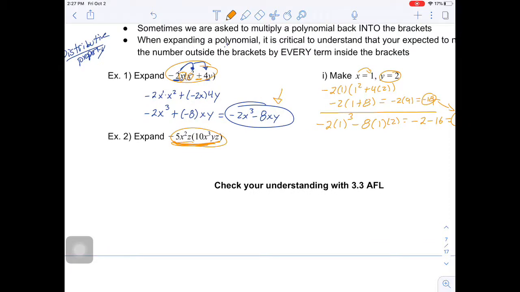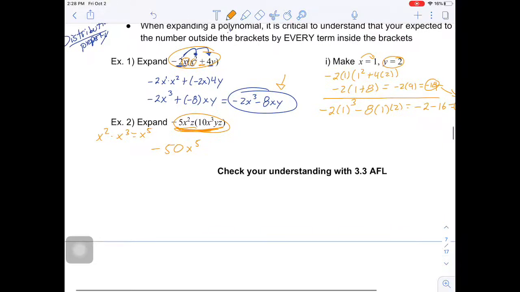So this will be negative 5 times 10, which is negative 50, okay? X squared times x cubed, which is found right here. That gives me x to the power of 5. And then you have z times z, that gives me z squared. And then multiplying y. So we didn't really have to do too much there.